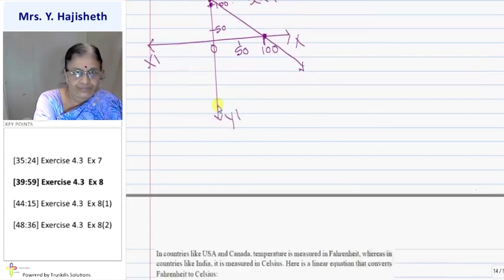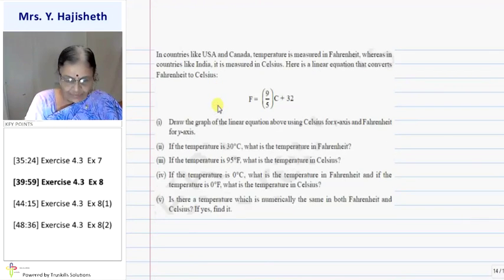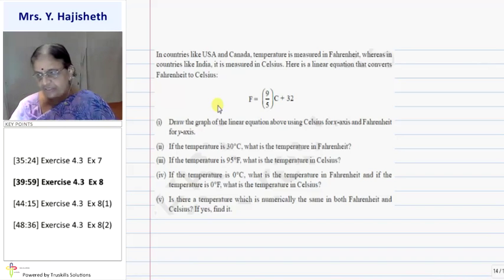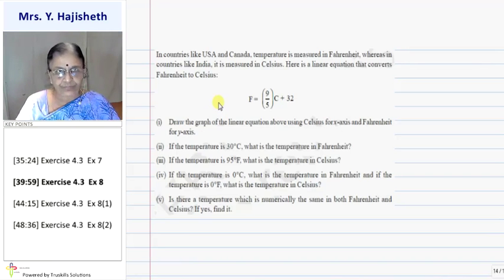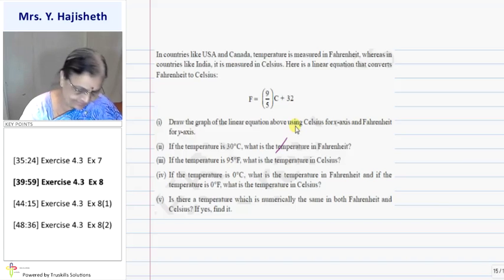Now there is another sum, such a huge big sum. बहुत सारी चीज पूछी गई है ना, बहुत सारे सवाल. इन कंट्रीज लाइक यूएसए का सवाल है. हाँ, अपने देश का नहीं है. इन कंट्रीज लाइक यूएसए एंड कैनेडा temperature is measured in Fahrenheit, while in countries like India it is measured in Celsius.